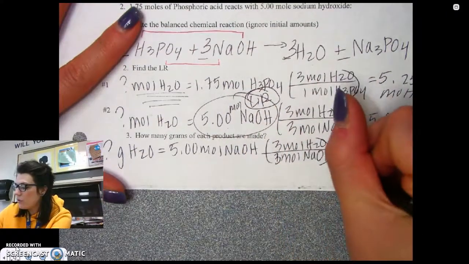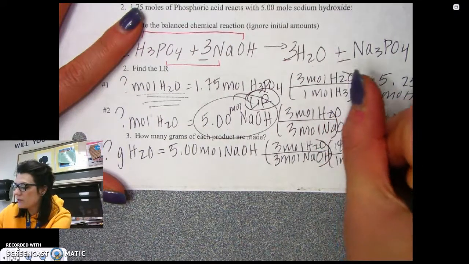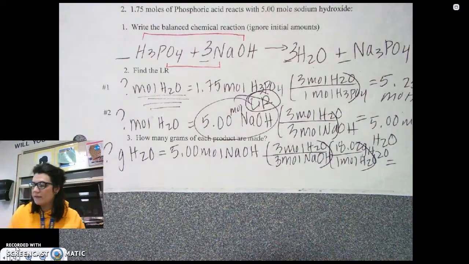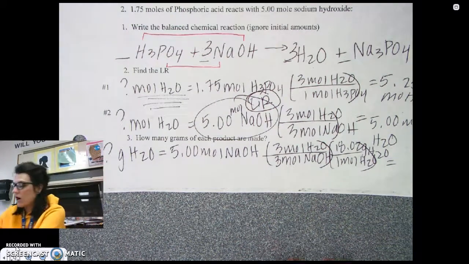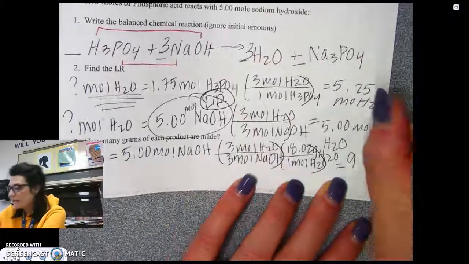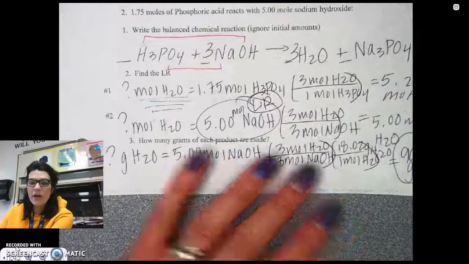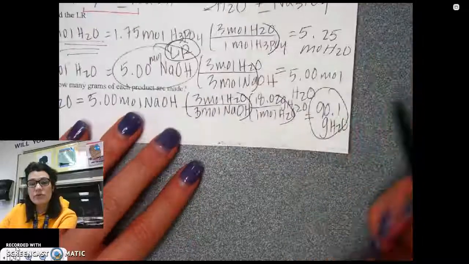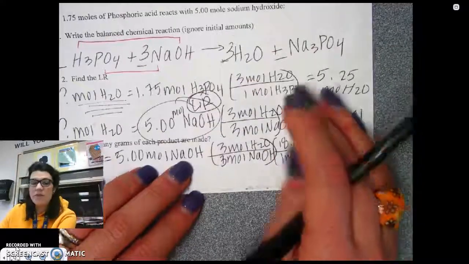And for every 1 mole of H2O, I have 18.02 grams of H2O. So then I have to plug this into my calculator, which is basically 5 times 18.02. So I will create 90.1 grams of H2O.